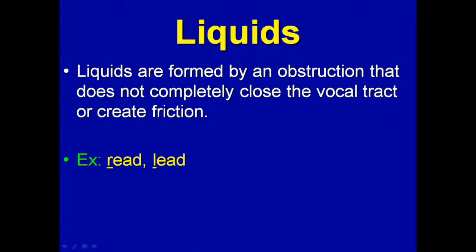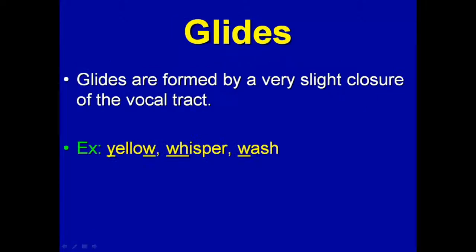Liquids are formed by an obstruction that does not completely close the vocal tract or create friction. This is the case of r in reed and l in lead. Glides. Glides are formed by a very slight closure of the vocal tract. For example, y and w in the word yellow, and whisper, wash. So y and w are called glides because they are formed by a very slight closure of the vocal tract.